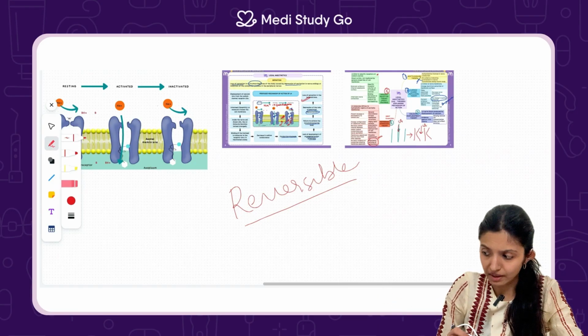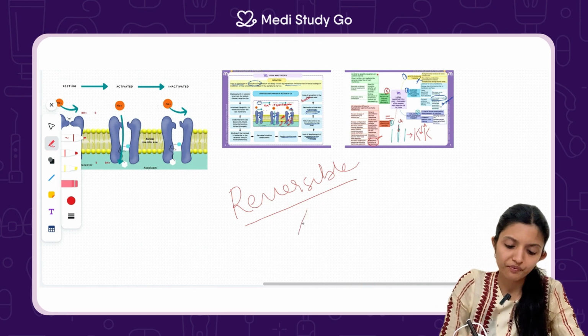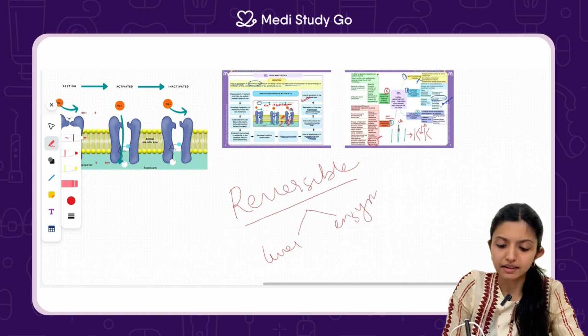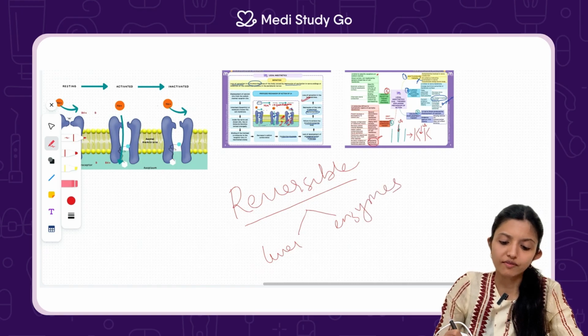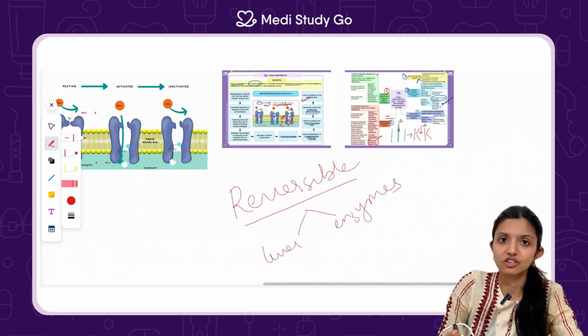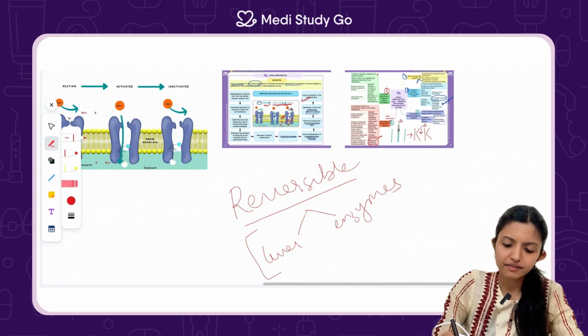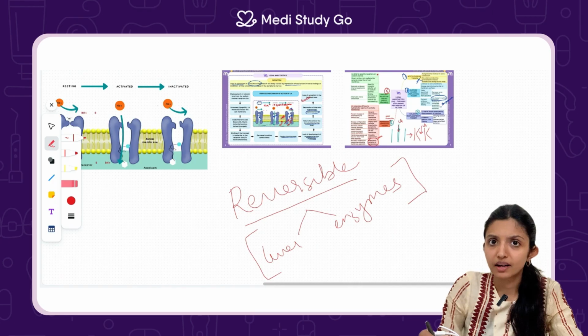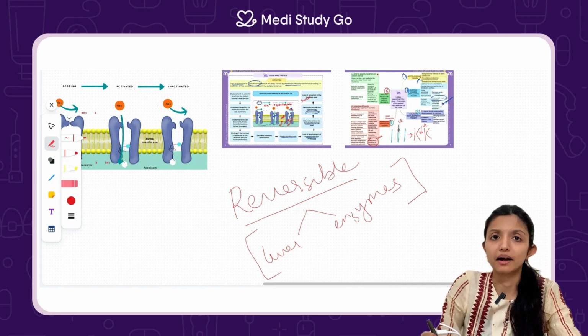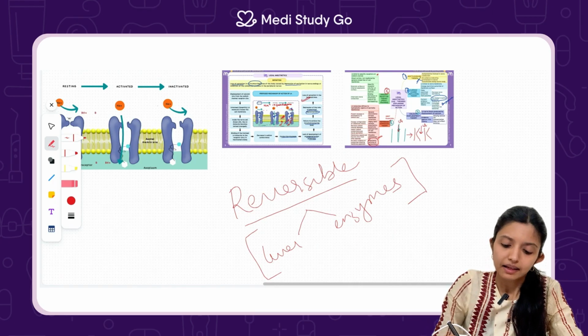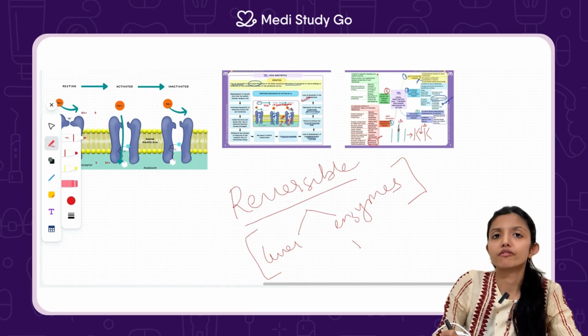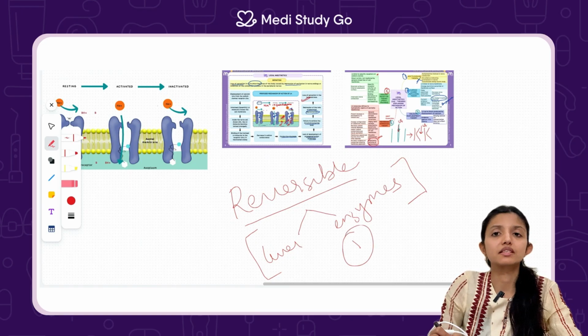It takes the local anesthetic molecules to the liver or enzymes where they are metabolized. So we will understand more about the degradation and the metabolization in the next video. So since the liver and enzymes tend to metabolize your local anesthetics and the blood keeps washing them, it ultimately wears off the anesthetic effect and it is a reversible phenomenon.